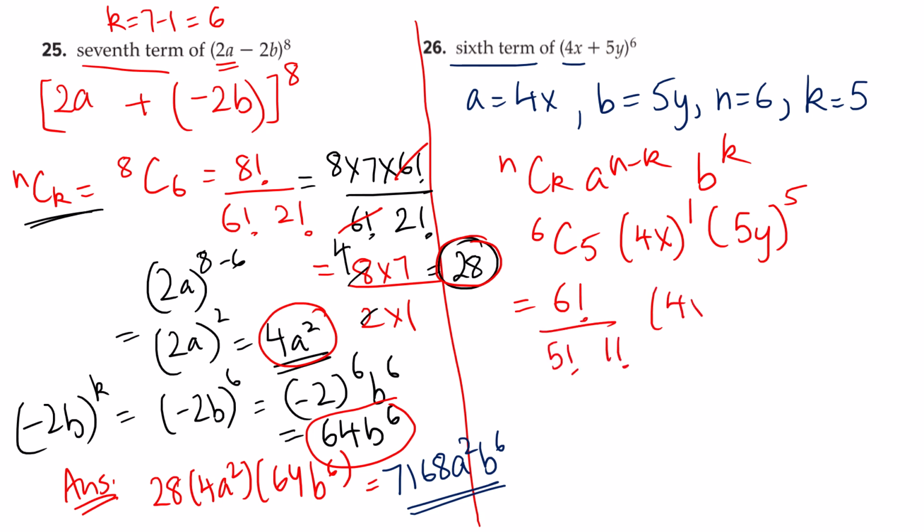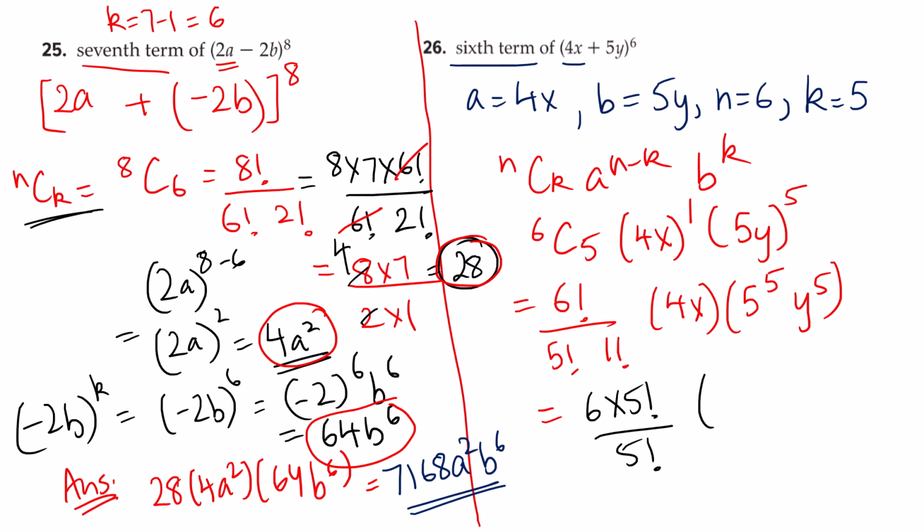This is very simple. Here it will become 5 to the power 5, y to the power 5. So I'll open the factorial on the top, 6 till I get 5, and therefore 5 factorial is going to cancel. And then we just multiply 4 with 5 to the power 5. x has power 1, y has power 5.